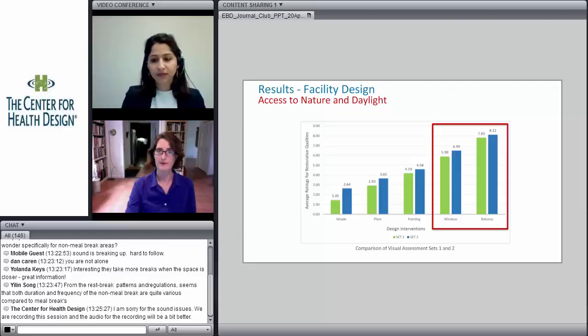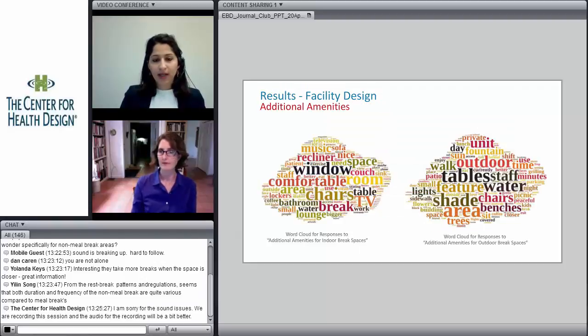And then we looked at the additional amenities. We asked them, what additional amenity do you want to have in indoor break areas and outdoor break areas? So this is just a word cloud of the frequency of those words that were repeated.